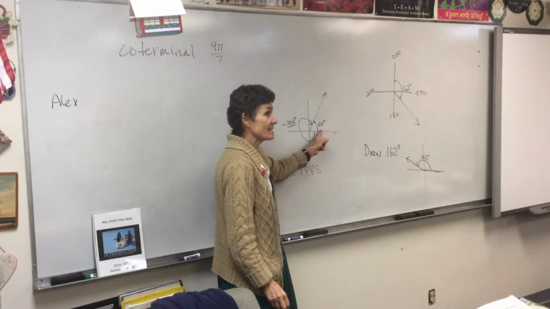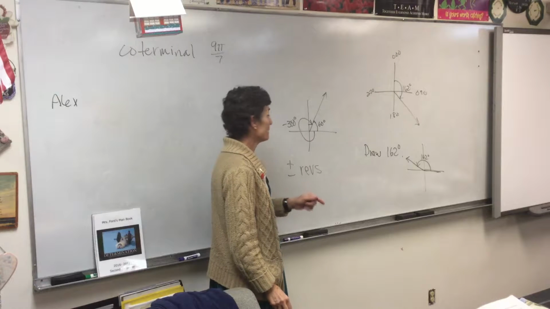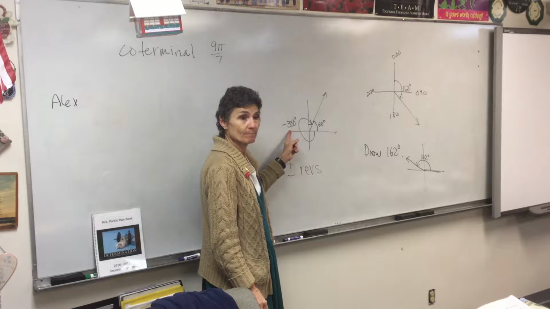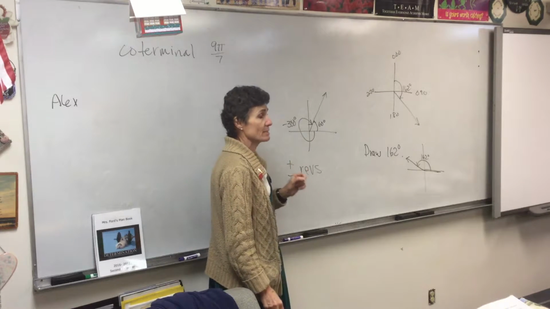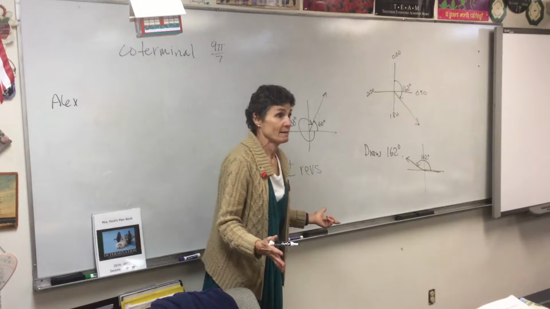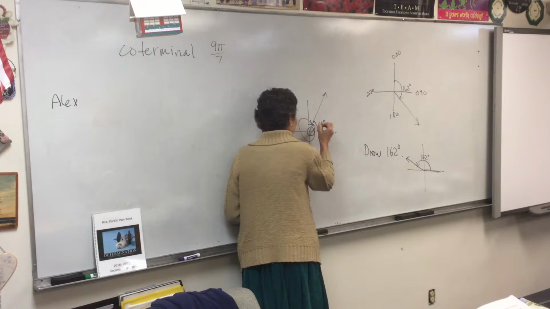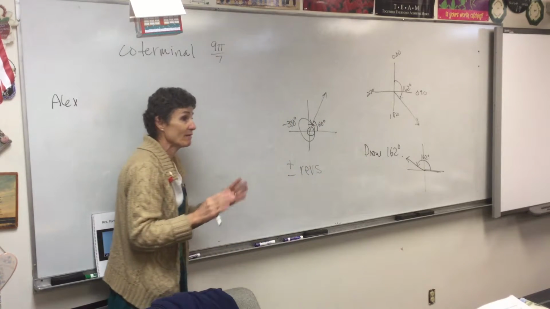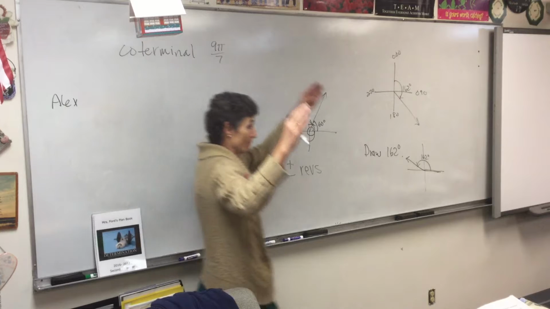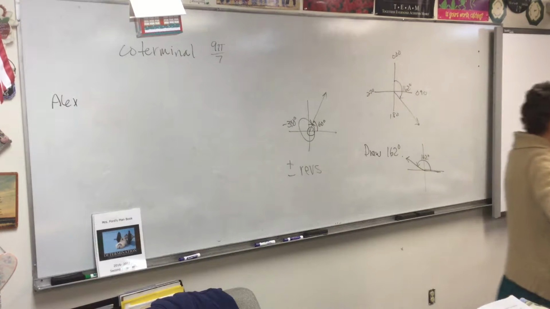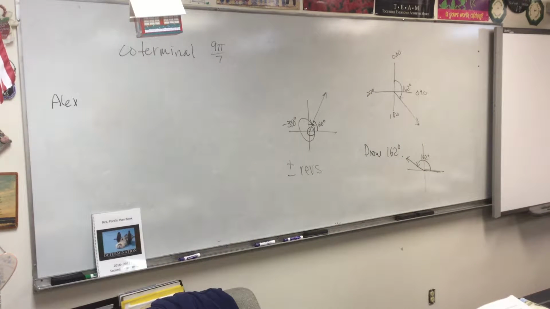So 60 minus 360 gives you negative 300. 60 plus 360 will give you 420, right? Which would just go all the way around and back up to there. That's how we find coterminal angles. So first things, kids, you've got to have the big picture. The big picture is to find coterminal angles, you add and subtract revolutions. If you're in degrees, that's easy. You add and subtract 360.